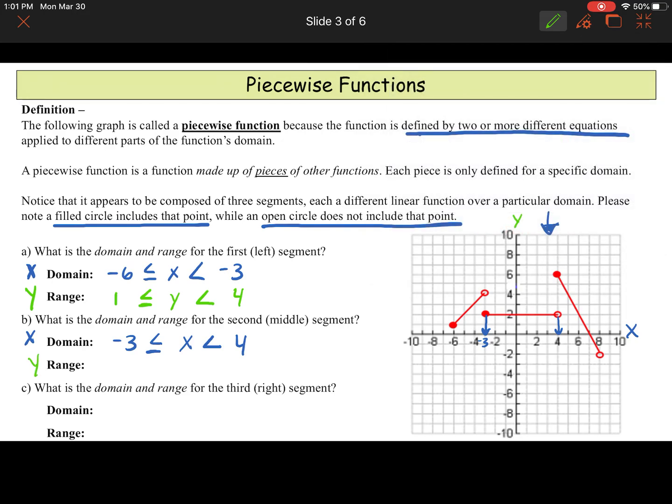My range, okay, I'm looking at the y-axis here. Now, the range is a little strange because I go to 2 and I go to 2, right? There's no difference, so we just put y equals 2 for the range. A horizontal line is, all the y values are the same.